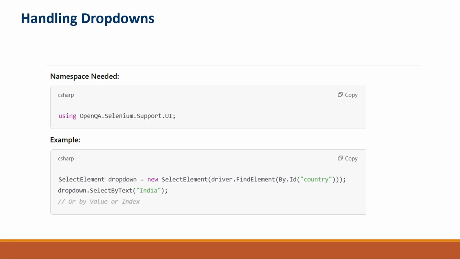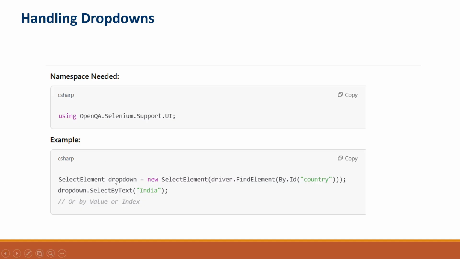Then we are going to deal with handling dropdowns. For that, the namespace we need to add is OpenQA.Selenium.Support.UI. Then you can use the SelectElement class, and we need to initialize the object so we can access the methods of SelectElement.